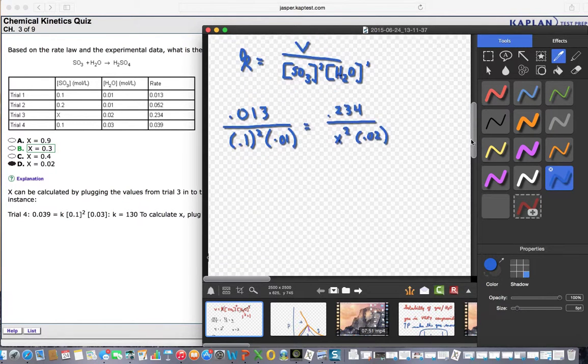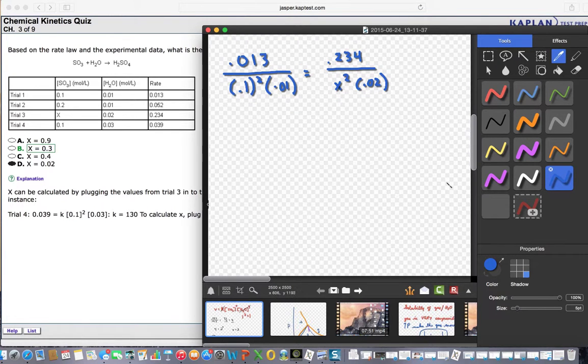Now this isn't optimal because I have an X squared and I have numbers that are decimals, but this is a solvable problem. So let's look at how we can do this carefully. I would put everything in scientific notation. I think that makes it a little bit easier.